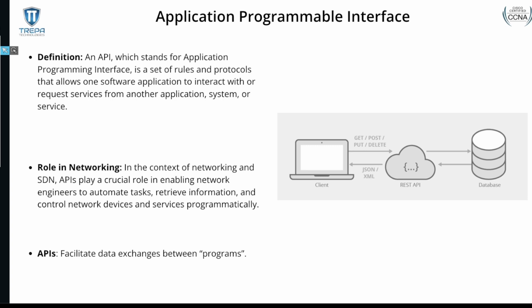And then, of course, we have our northbound and southbound APIs, which we're going to get into in our next slide. To leave it with a key note here, APIs facilitate data exchange between programs. And when we're looking at our infrastructure from a software-defined networking point of view, that router, that switch is part of the program. That's part of the fabric underlay that we're interacting with, okay?